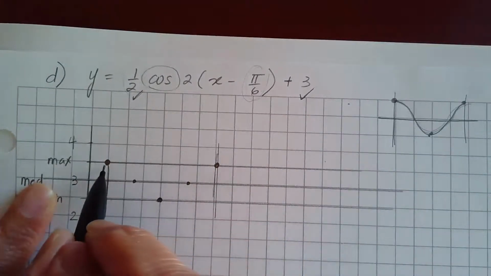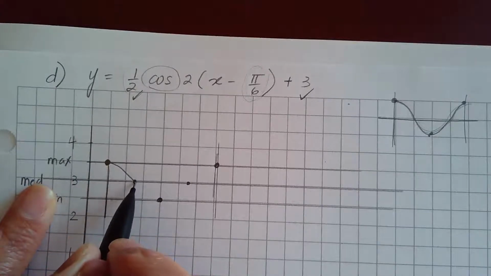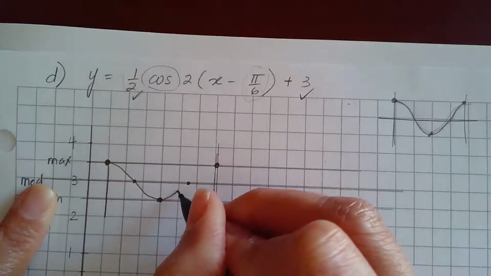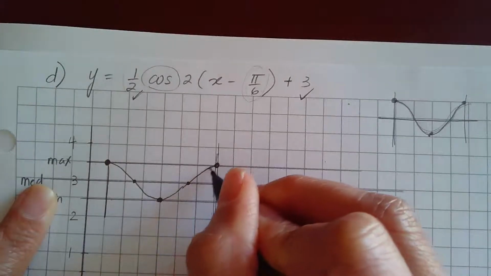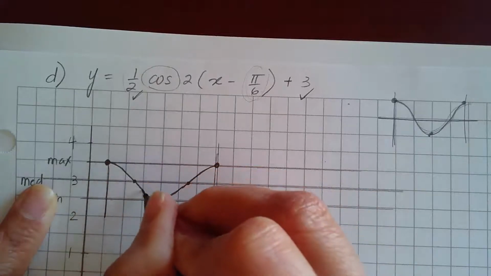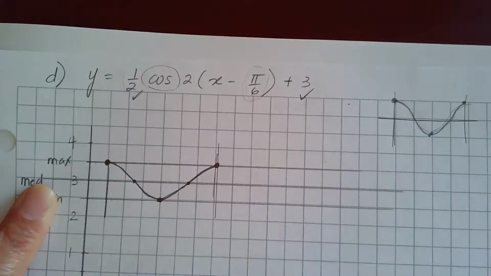So our graph would go like this, and then up. Okay, so that's one whole wave.